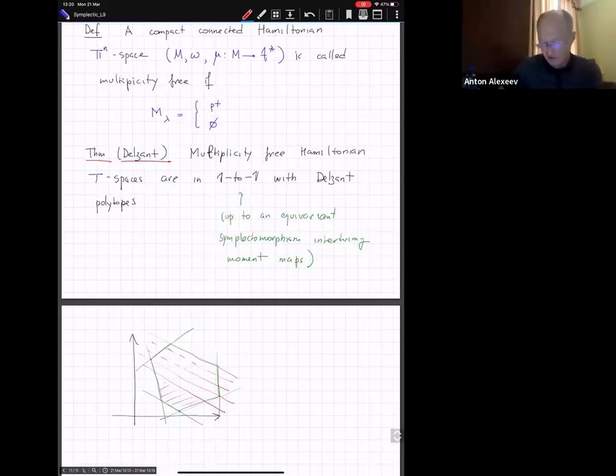Wait. Say again. So we have a Delzant polytope, right? It's a polytope inside T star, and, to simplify things, at each corner I'm able to choose normals to the faces, right? Each corner of a Delzant polytope is an intersection of exactly n faces, where n is the dimension of my torus, Tn.